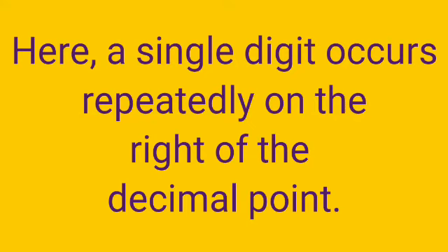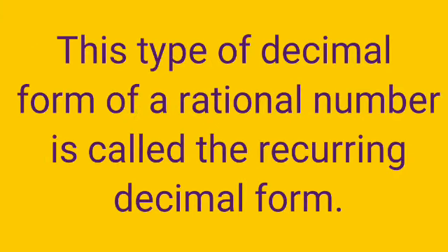Here a single digit occurs repeatedly on the right side of the decimal point. This type of decimal form of rational numbers is called the recurring form.